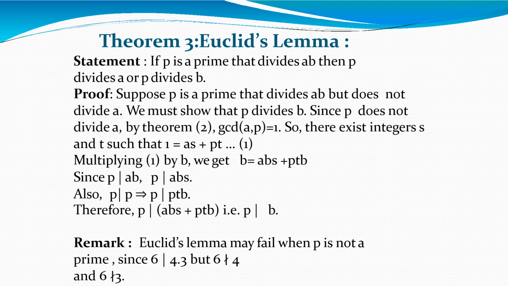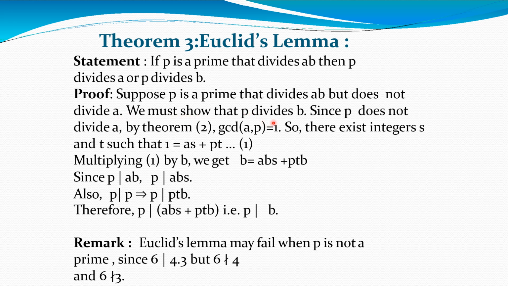Suppose p is a prime that divides a into b but does not divide a. Because if p divides a, then obviously the result is true. So we are assuming that p does not divide a. Then in that case we have to prove p divides b. We must show that p divides b.